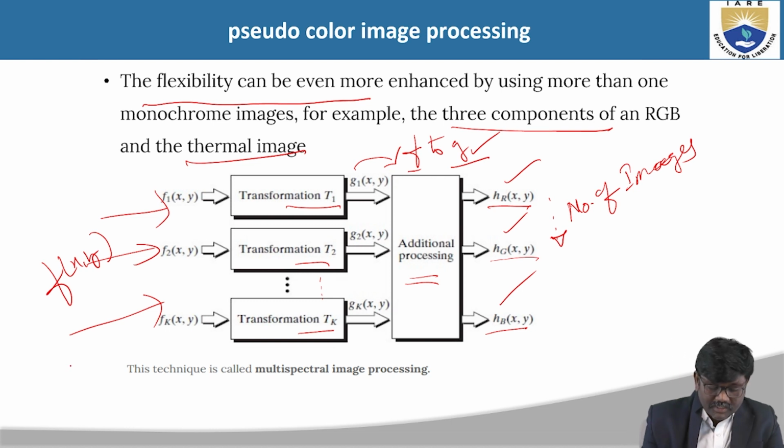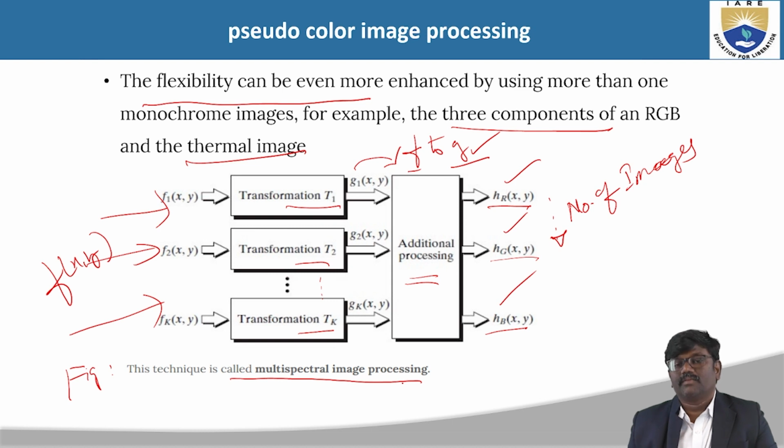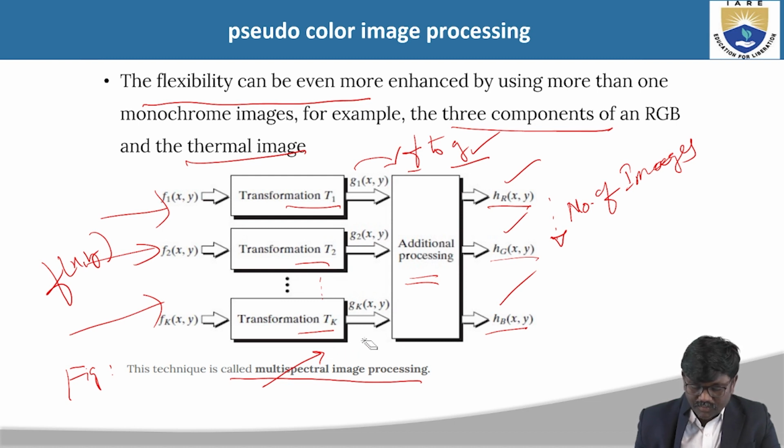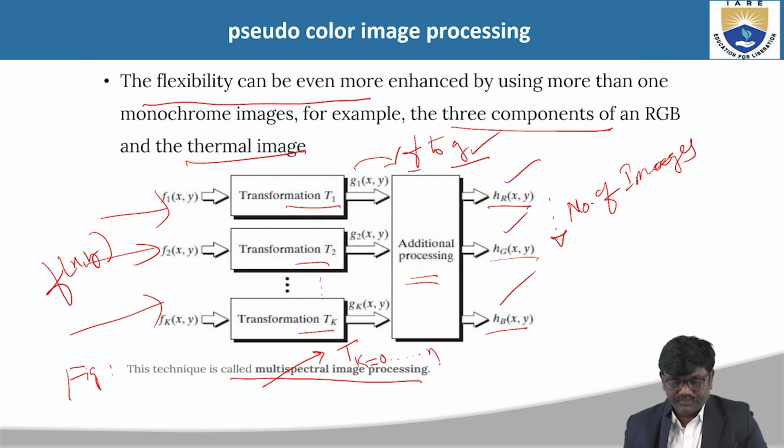So this technique is what we are concentrating on now, the use of multispectral image processing. This multiplexing is not fixed. That is transformation. The transformation is T_k, where k varies from 0 to n values. So that is very important here.